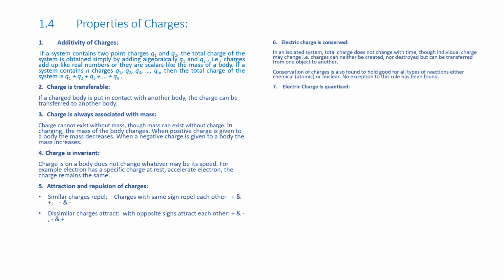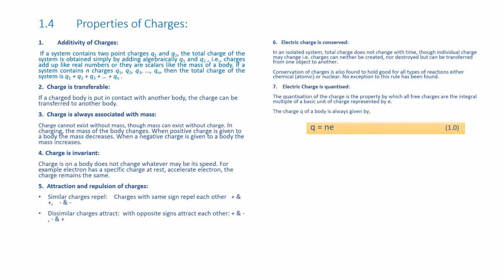The seventh property is electric charge is quantized. The quantization of charge is the property by which all free charges are integral multiples of a basic unit of charge represented by e. The charge of a body is given by Q equals n e, where Q is the charge, n is the integral multiple, and e is the basic charge.